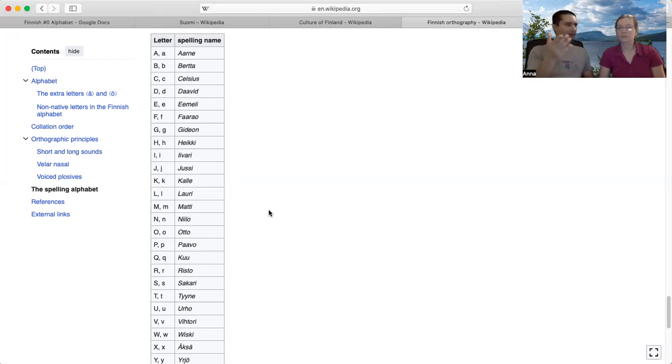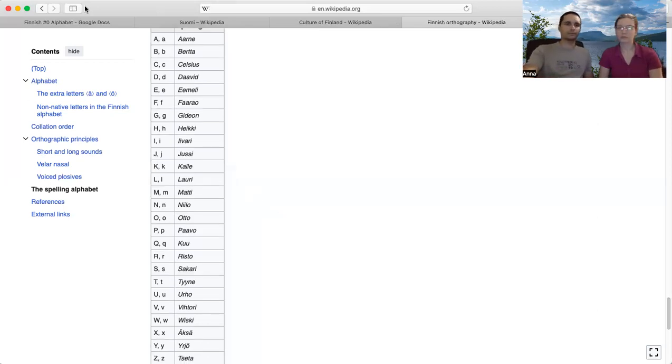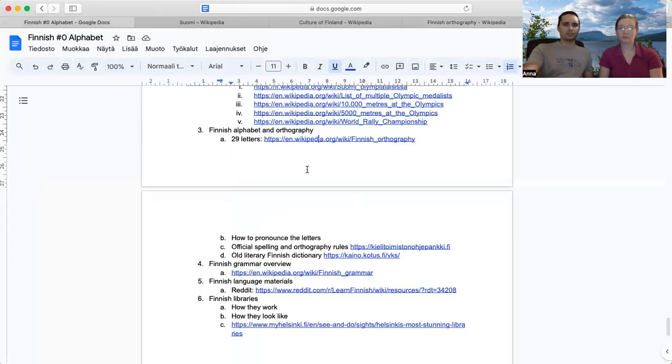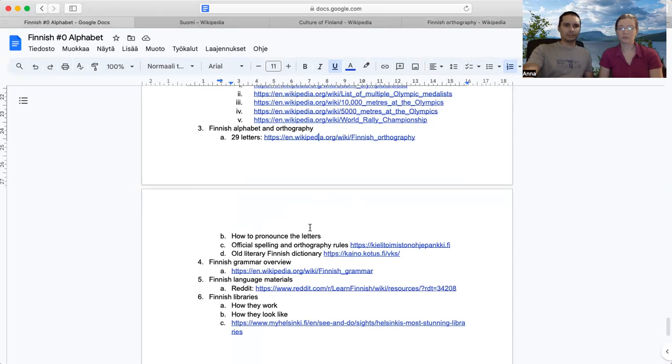They only had Arne, Berta, Celsius for the first three, because it was divided. But yeah, there are situations where you might encounter this, so it's good to know. That was the Finnish alphabet.